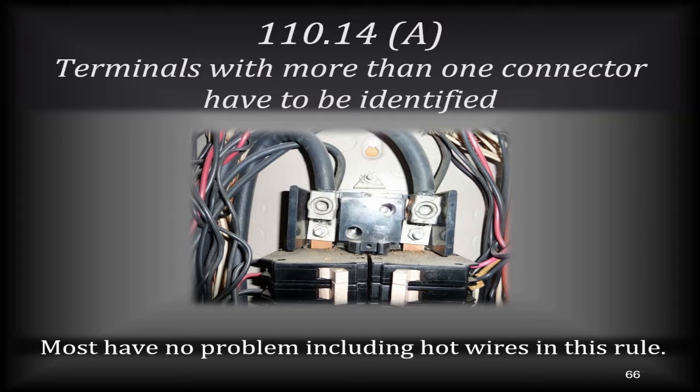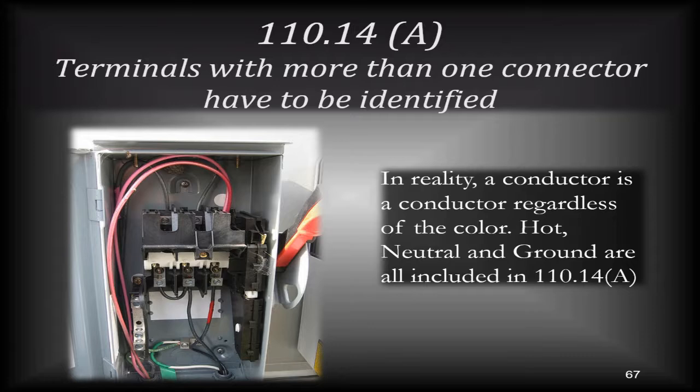And you'll notice center stage right there in the middle of the screen, our mains coming in are double lugged. In reality, if you've got a conductor, regardless of the color, whether it's hot, neutral, or ground, they're all included in 110.14(A). So make sure that you're taking care of the situation and not double lugging these up.